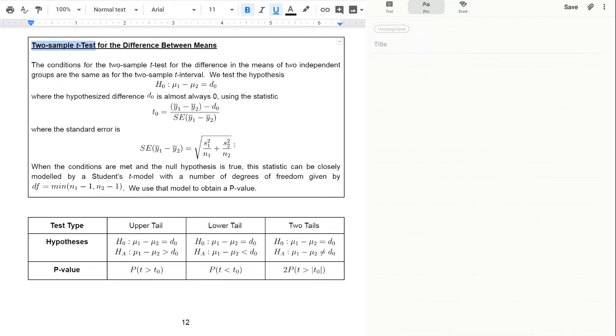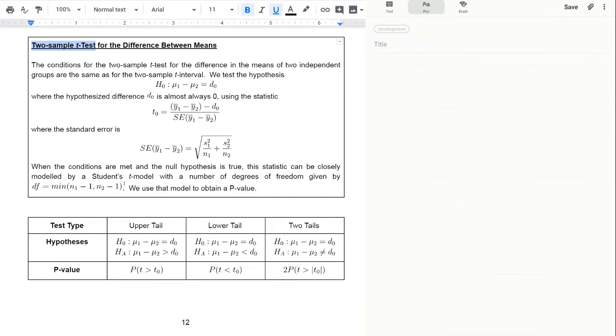Now, when those conditions are met, then the test statistic will follow a student's t-distribution with a certain number of degrees of freedom. Okay, so now recall that the way that we'll find the degrees of freedom is by using this method where we take the smaller of the two sample sizes minus 1.